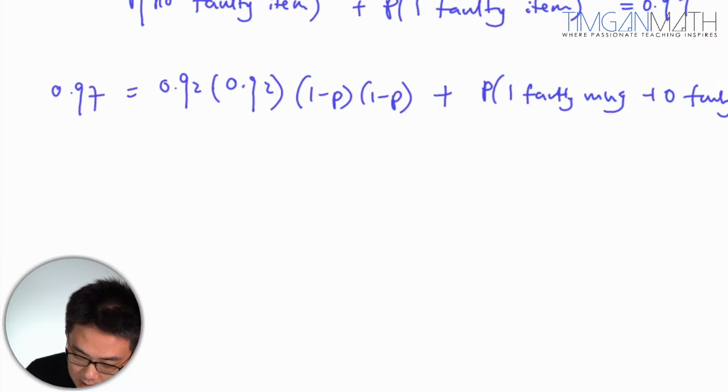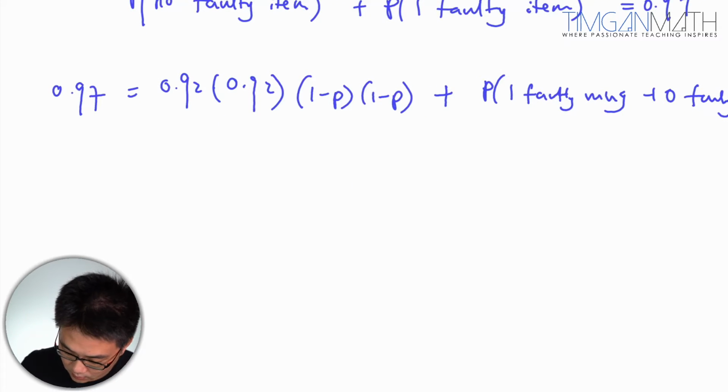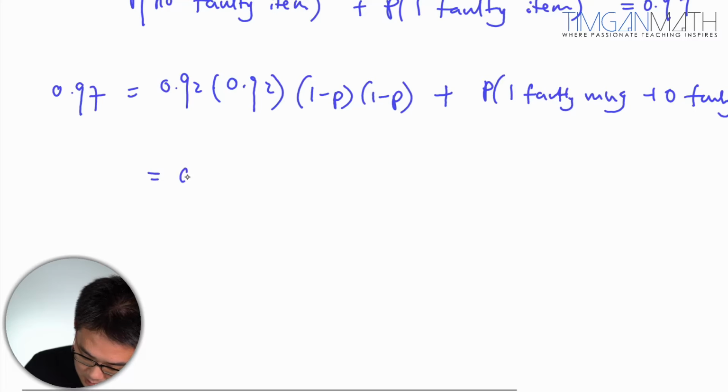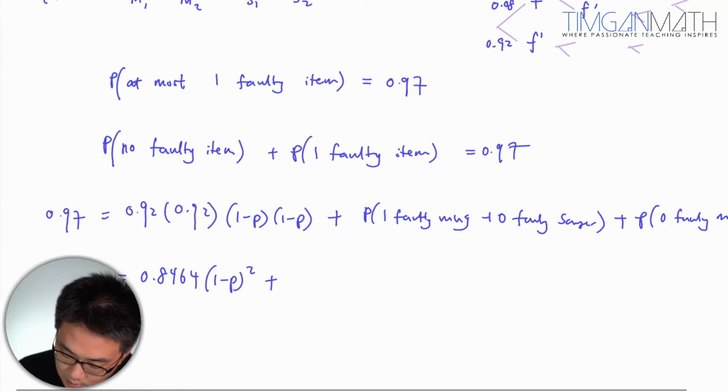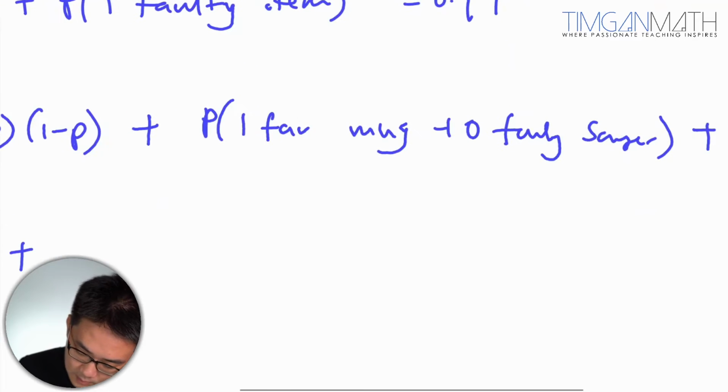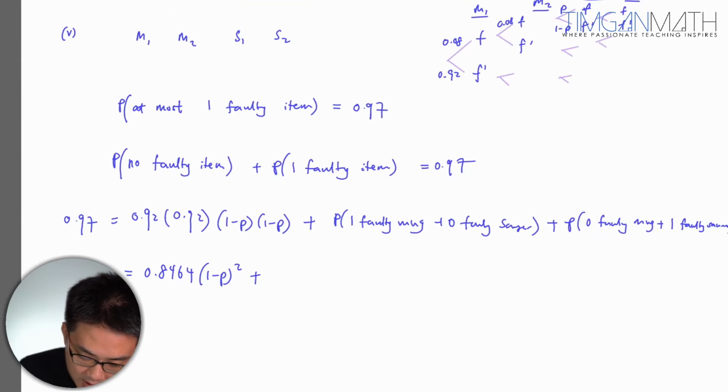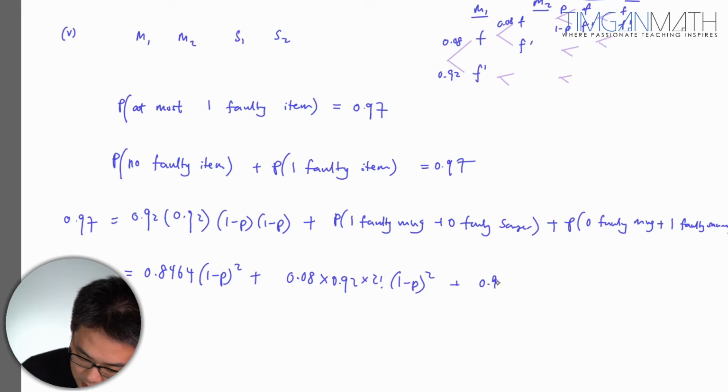Okay, so in this case 0.92 squared will be 0.8464. This will be 1 minus P squared, and this is 0.97. Now for 140 mark, you could actually have 0.08 times 0.92, but because mark 1 and mark 2 could swap in position, it's times 2 factorial. 0 40 saucer will be 1 minus P squared. For 0 40 mark it will be 0.92 squared.